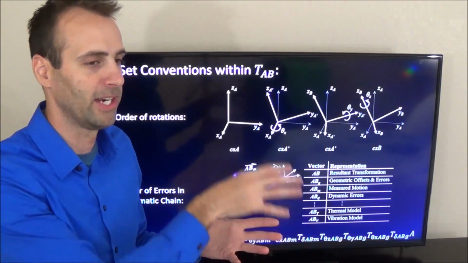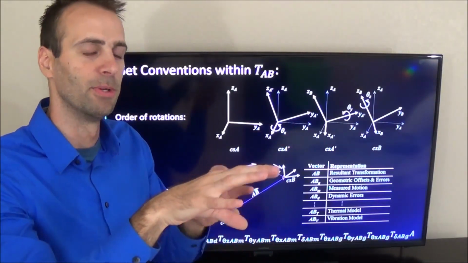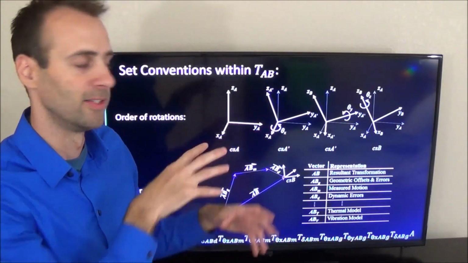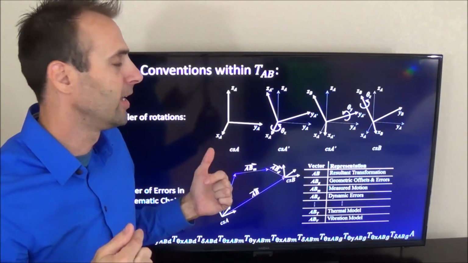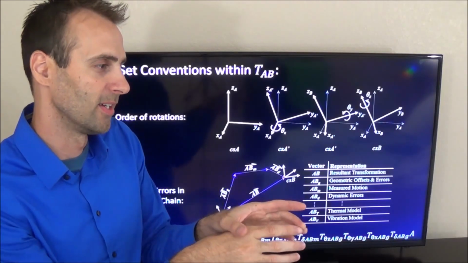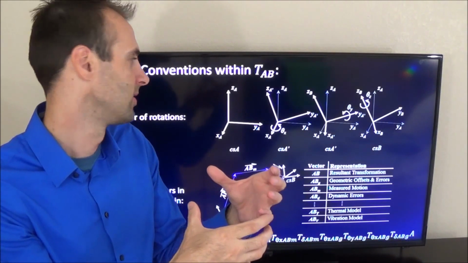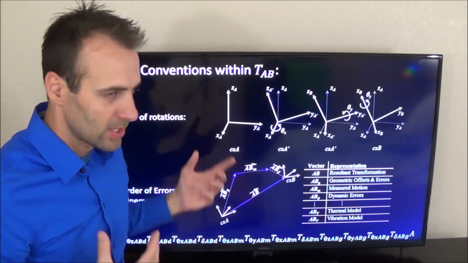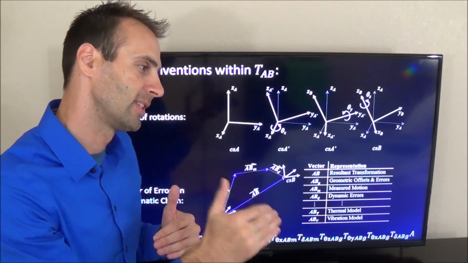So I have a kinematic chain that tells me the X is bolted to the Y and then the C is whatever. But what I didn't touch on is that there are multiple rotations within one rotational axis, right? So you just need to define a convention on how to step through those.